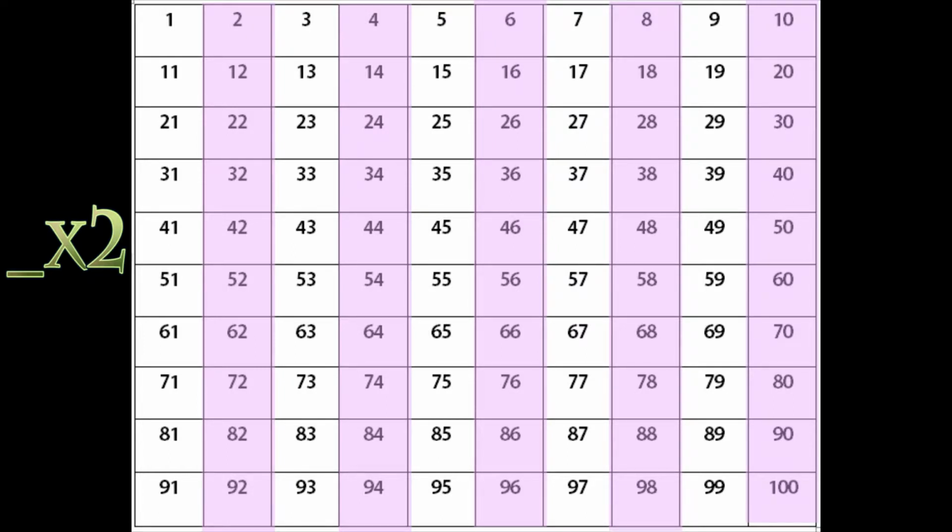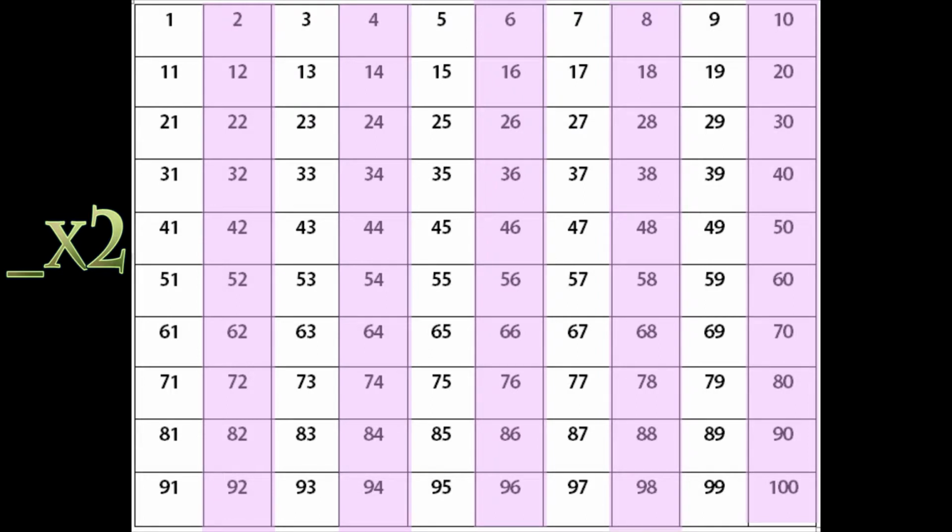Skip counting the multiples of 2 would sound something like this. 2, 4, 6, 8, 10, 12, 14, 16, 18, 20, 22, 24, 26, 28, 30, 32, 34, 36, 38, 40, 42, 44, 46, 48, 50, 52, 54, 56, 58, 60, 62, 64, 66, 68, 70, 72, 74, 76, 78, 80, 82, 84, 86, 88, 90, 92, 94, 96, 98, 100.